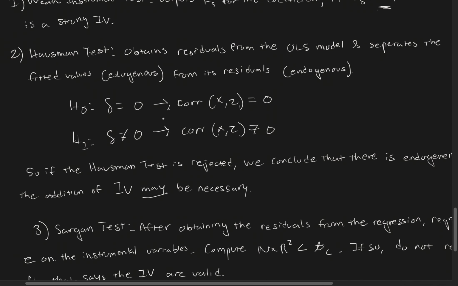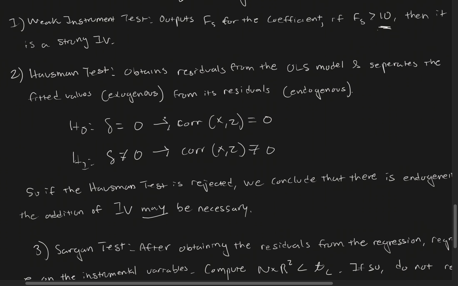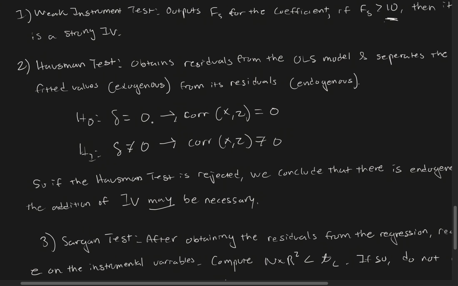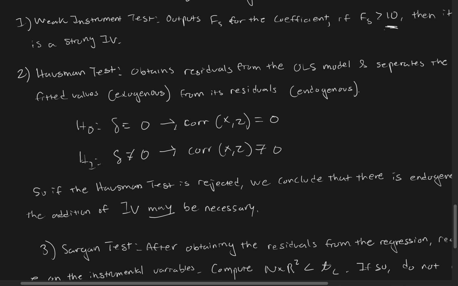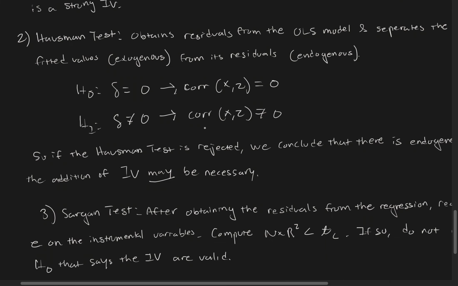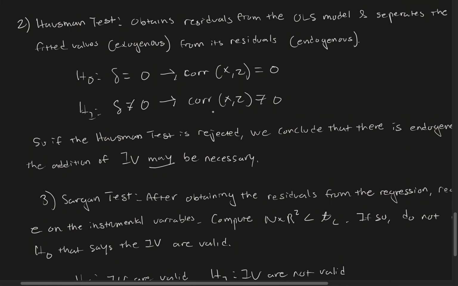Our null for this Hausman test is that the delta, I believe this is a slope, is simply zero, which will result in the correlation of the instrumental variable and the X being zero. The alternative is that they're not random.